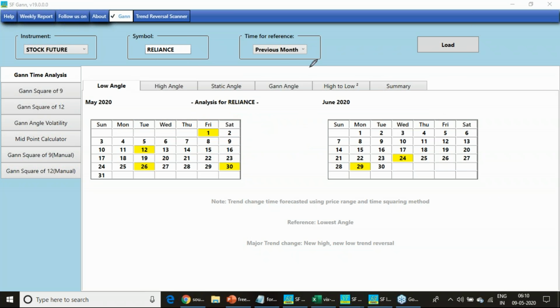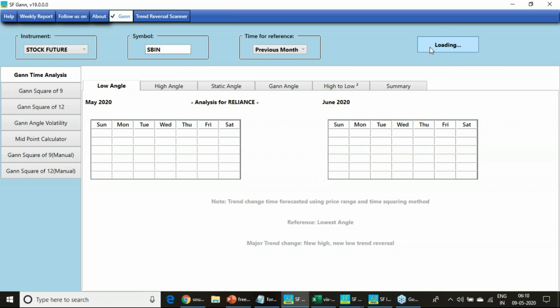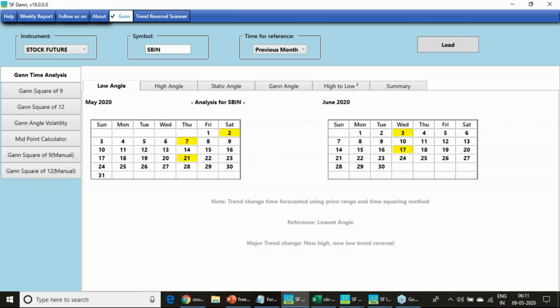Now I'll be going for SBI, State Bank of India. I have taken Reliance, Tata Steel and Nifty. For SBI, the 7th was a trend reversal date, the 21st was a trend reversal date, and the 2nd was a holiday.